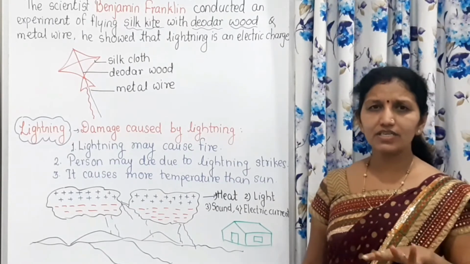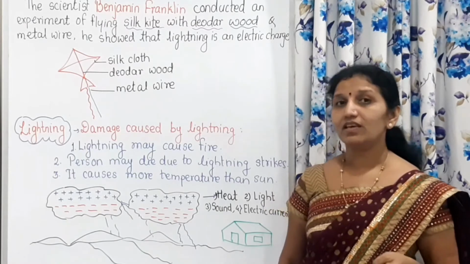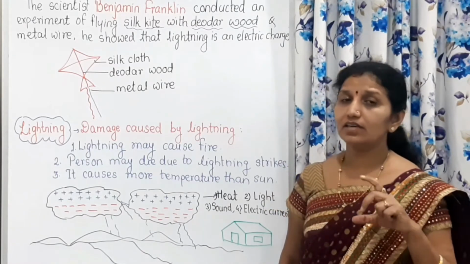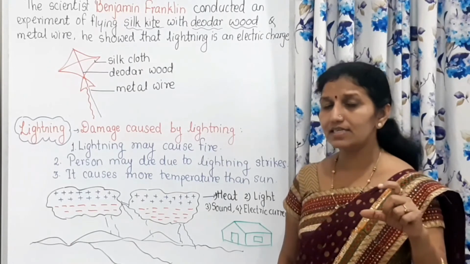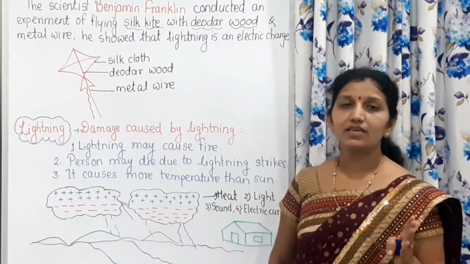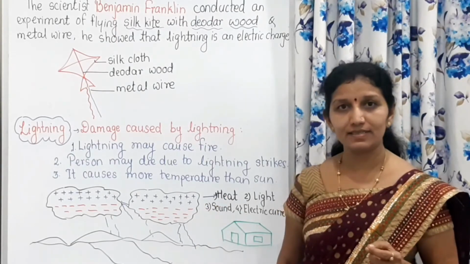There is fluctuation in the electricity in our homes also. Your TV or refrigerator, all these electrical appliances, may be damaged because of these lightning strikes.